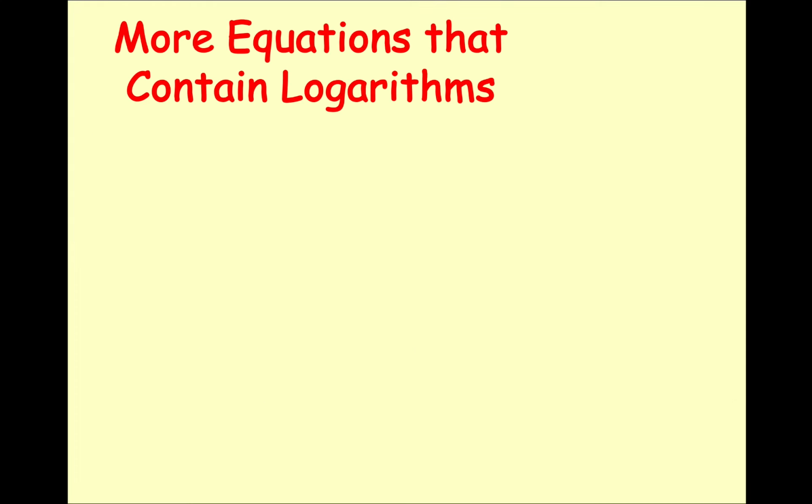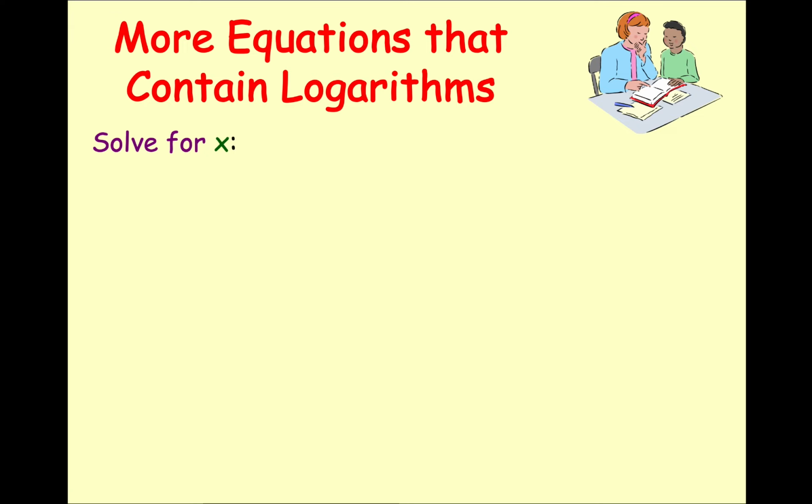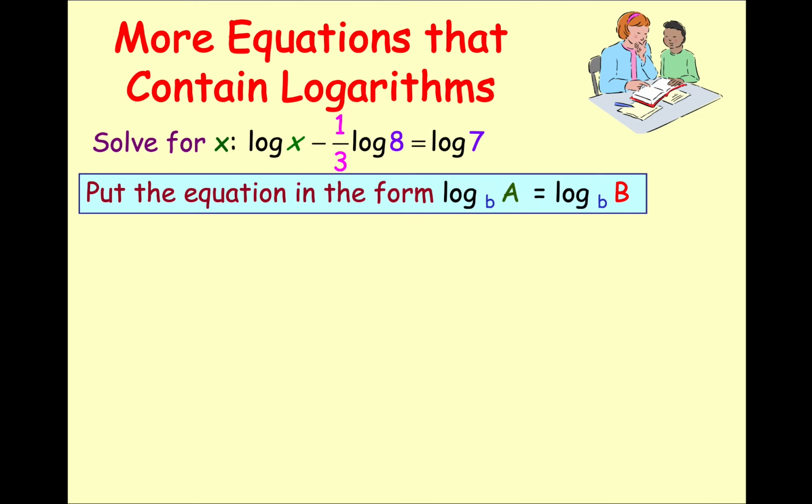More equations that contain logarithms. Solve for x. Log x minus 1/3 log 8 equals log 7. Put the equation in the form of log b A equals log b B. Undo the power law.